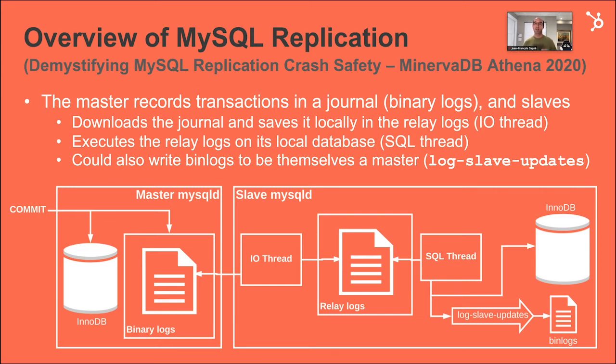And the IO thread saves those binary logs in the relay log, which acts as a local buffer for the slave. This is the buffer of the transactions that need to be executed. And it's the SQL thread that executes those transactions. So it does run the transaction and then puts data in InnoDB, in the local database, the storage engine of the slave. And optionally, if log slave update is enabled, the slave will itself write binary logs to be the master for other slaves.